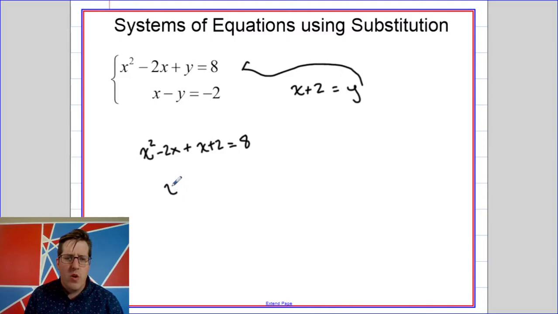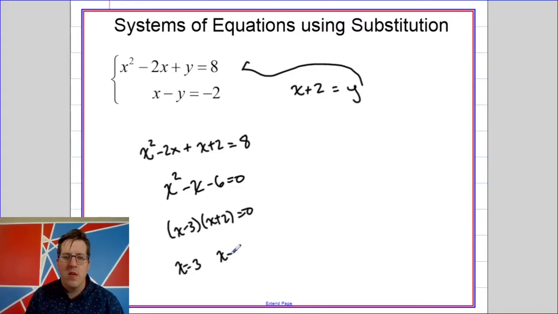So this particular quadratic equation simplifies down to x squared minus x minus 6 equals 0, which when I factor, I can see has the solutions x equals 3 and x equals negative 2.